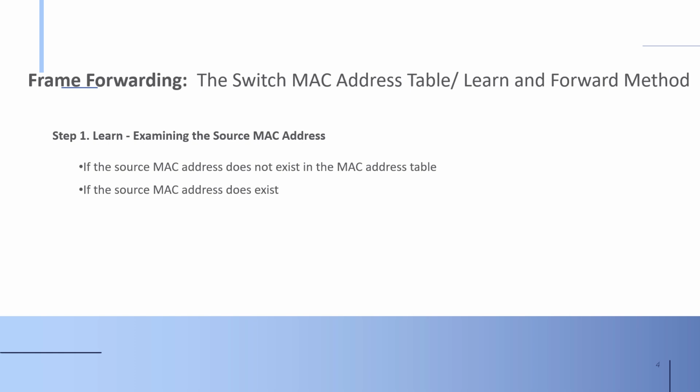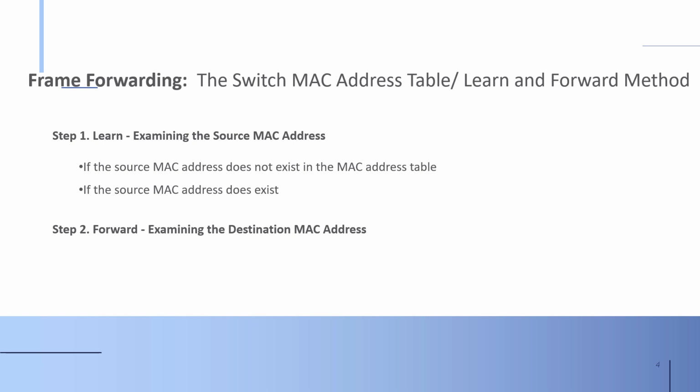Step 2 is forwarding, where the switch needs to examine the destination MAC address. If the destination MAC address is a unicast address, the switch will look for a match between the destination MAC address of the frame and an entry in its MAC address table.